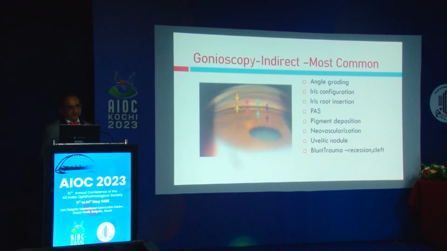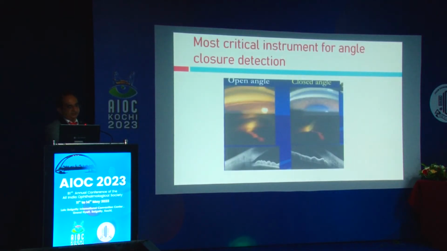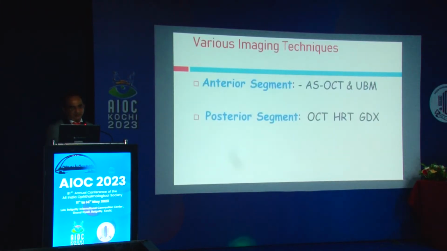Gonioscopy is the most critical instrument. We have to give 2 minutes in our busy OPD time. We are doing OCT and a lot of imaging, but we are not taking 2 minutes for gonioscopy. It will give us an idea about whether it is an open angle or a closed angle.